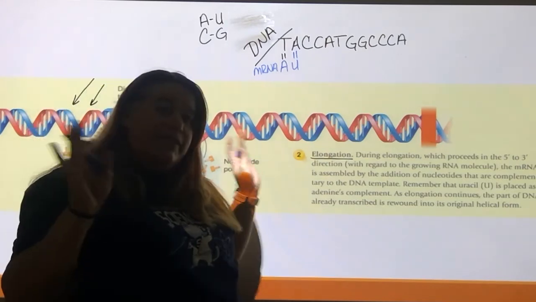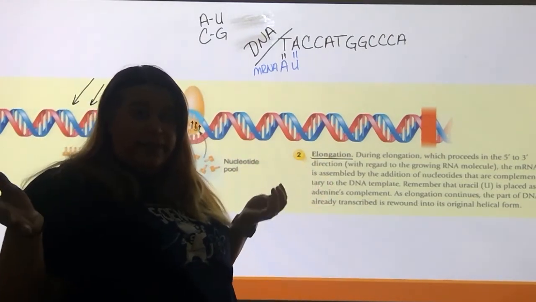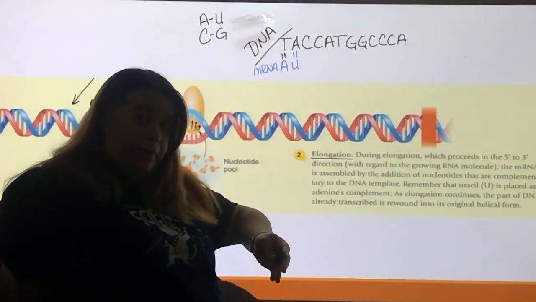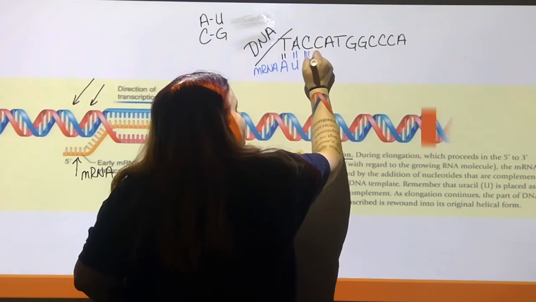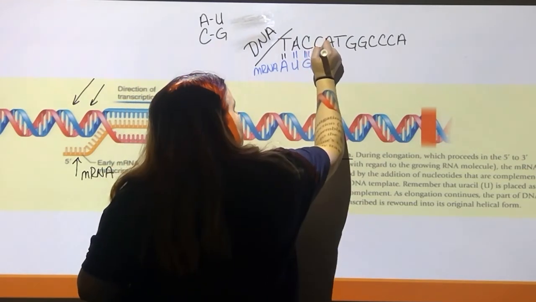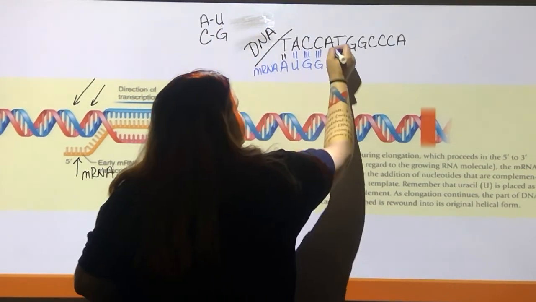C and G are always the same, regardless of which option I'm choosing. In this case, I'm making messenger RNA. C still has G across from it. A has uracil.